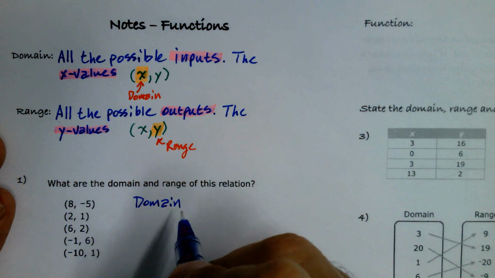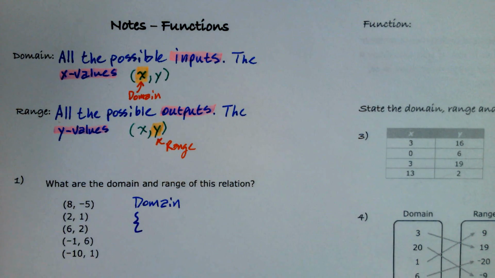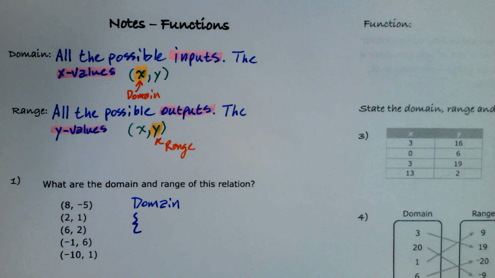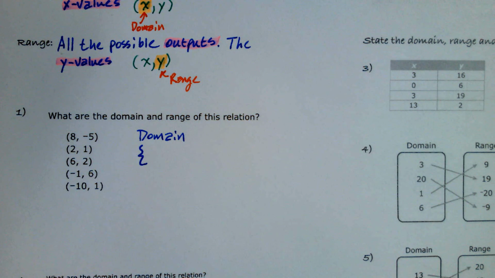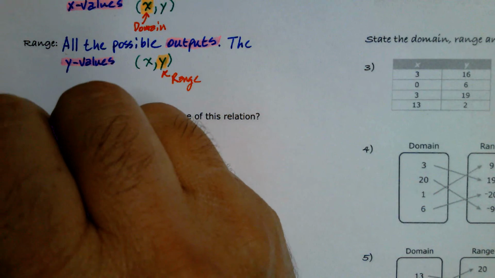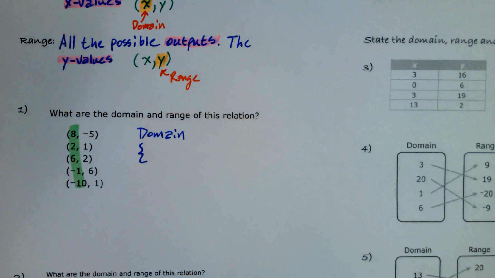Okay. I'll put the domain in squiggly brackets here. So the domain, does it associate with the x values or the y values? X values. So it's these guys. That's our domain.